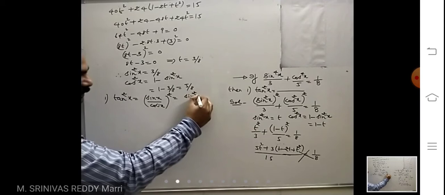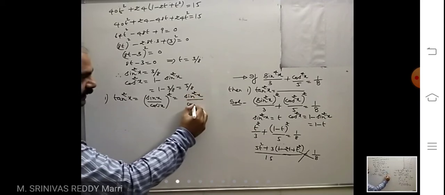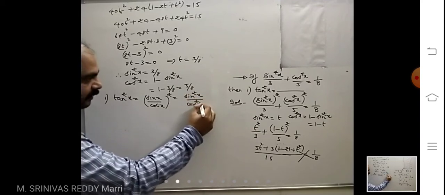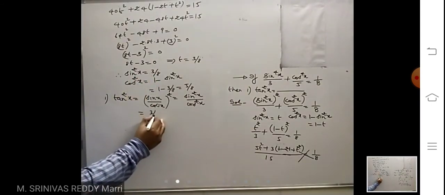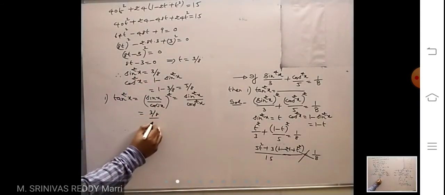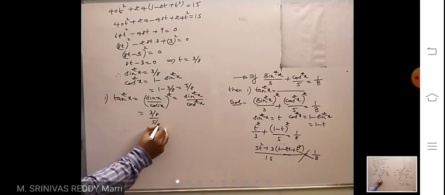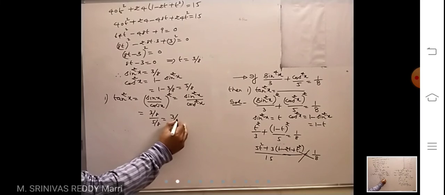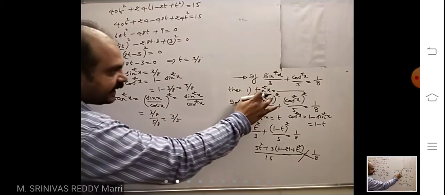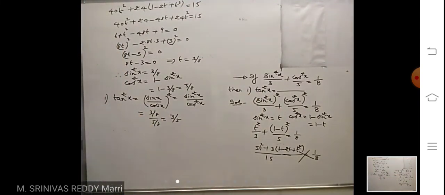So this is nothing but sine square x divided by cos square x. What is sine square x? 3 by 8 divided by 5 by 8. So whatever he is asking, the answer is 3 by 5. So this tan square x is 3 by 5.